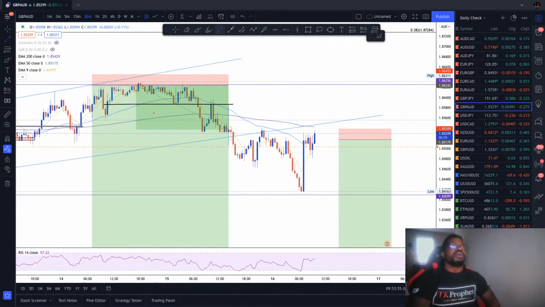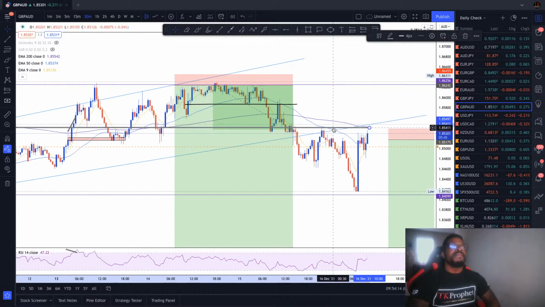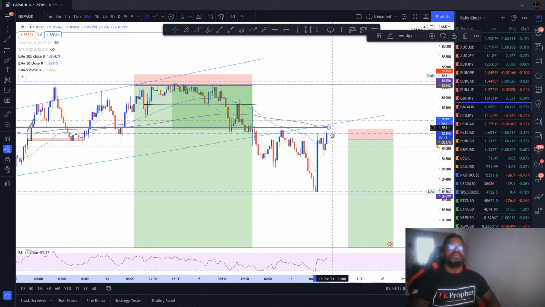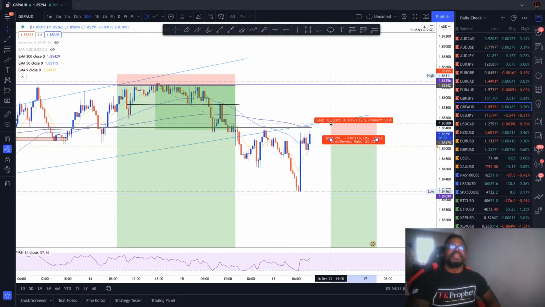So we're banking on price staying below this level. Okay, so our stop loss will be above this 200 EMA, above this structure.